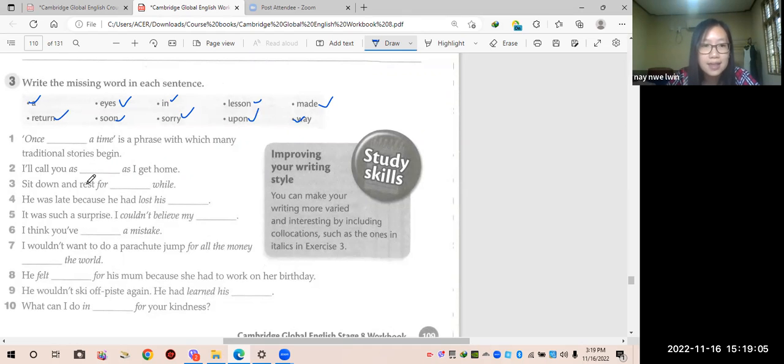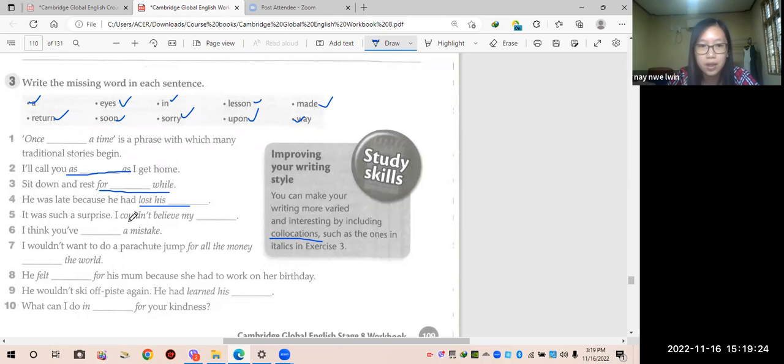So you will notice that those phrases have been given in italic, right? Like we'll look at the study scheme here. Improving your writing style. You can make your writing more varied and interesting by including collocation. So we call these phrases collocations because they are collocated to each other, right?